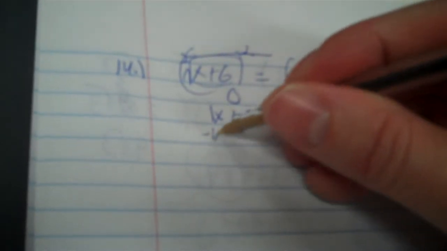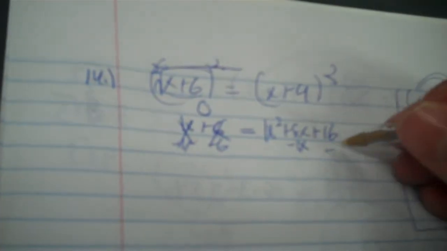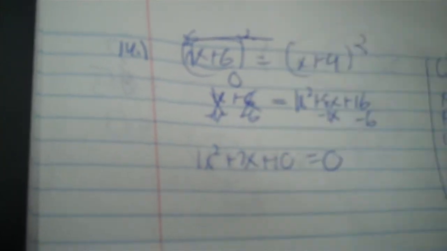Now we have a quadratic equation, but we need to get one side equal to 0. Right there looks good. So minus 1x from 8x, minus 6 from 16. Okay, 1x squared plus 7x plus 10 equals 0. GCF would be just 1, so I just go to my table. 1 times 10 is 10, okay?